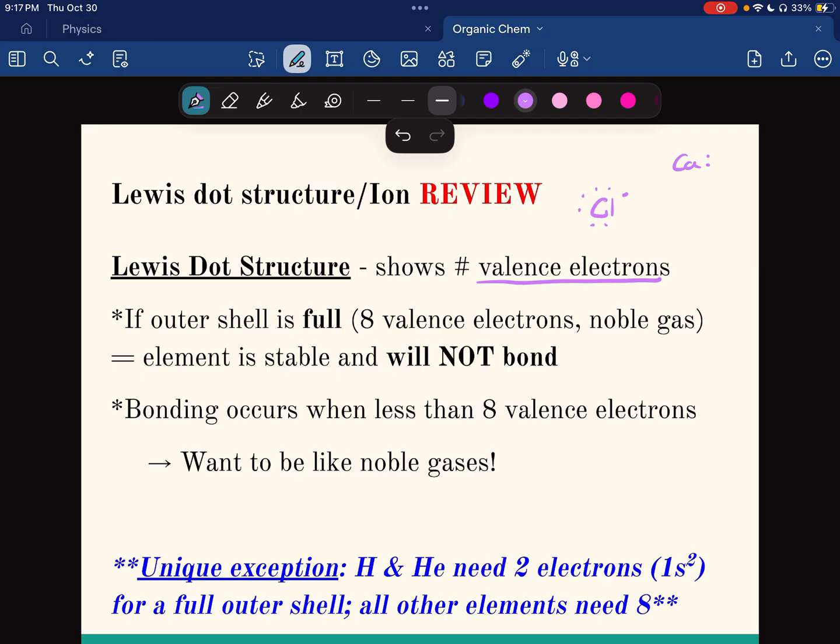If the outer shell is full, and this isn't really necessarily true when you get further in chemistry, but for the case of your course, it is. So if the outer shell is full, so it has 8 valence electrons, if it's like a noble gas or a halogen, I think, it's stable and it won't bond.